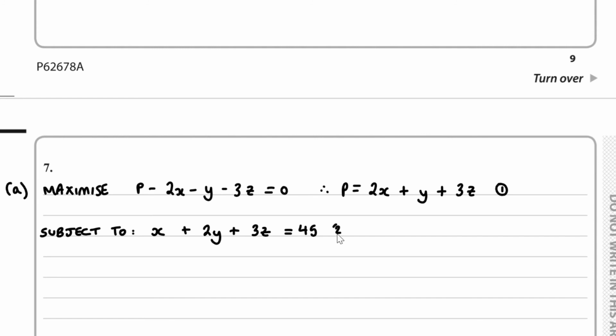I'm going to call this equation 2, and because we have to write these as inequalities, here you can see we've got x plus 2y plus 3z being less than or equal to 45.